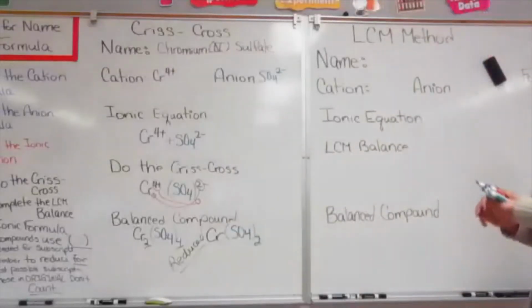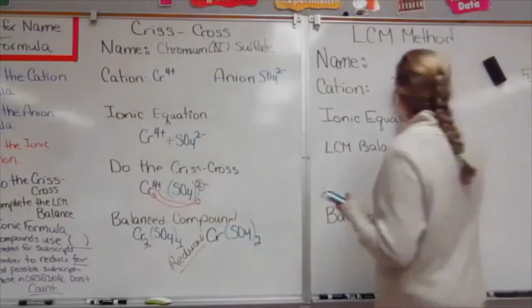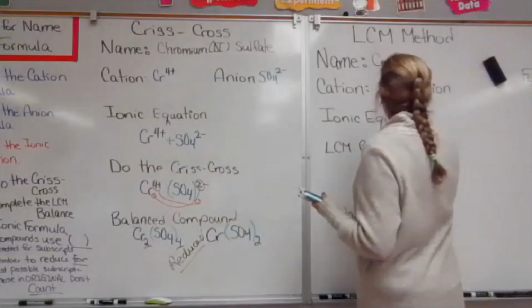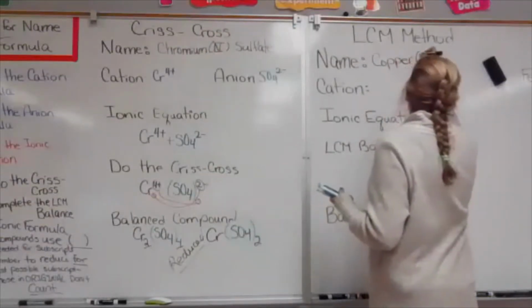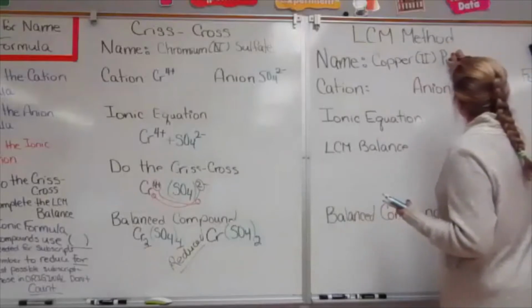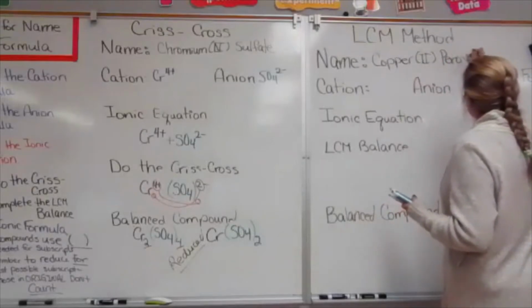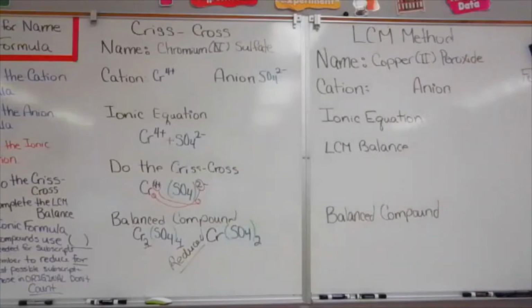Okay, let's do another LCM of copper 2 peroxide. Well, the first thing you have to do is separate your cation from your anion.